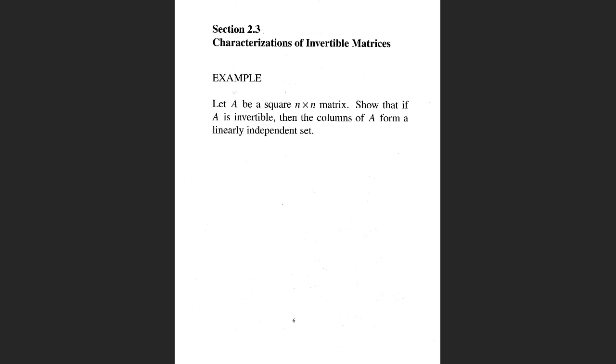Let's prove another part of the invertible matrix theorem. So here we have a square matrix, and we want to show if A is invertible, then the columns of A form a linearly independent set.